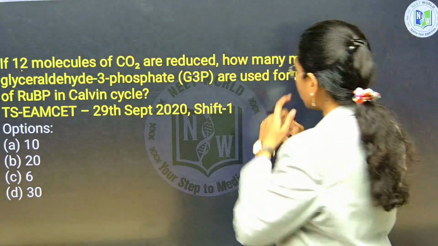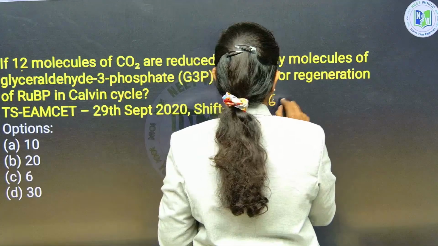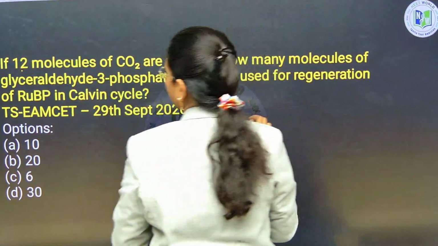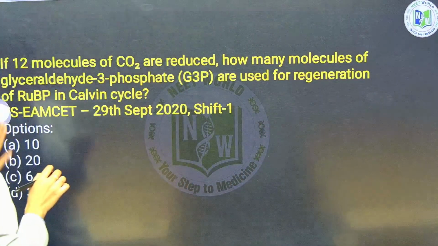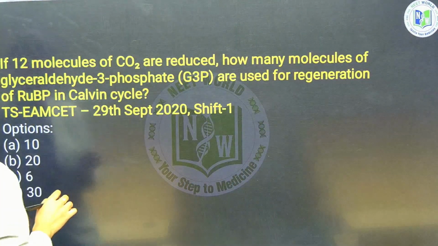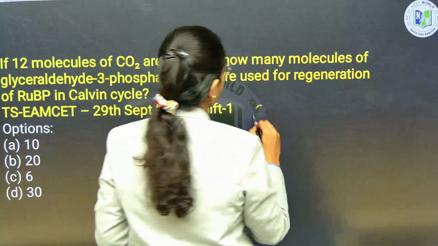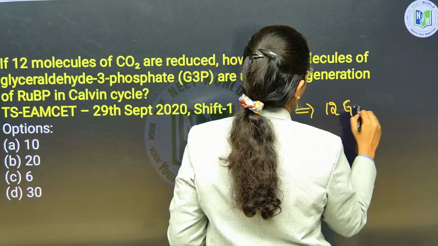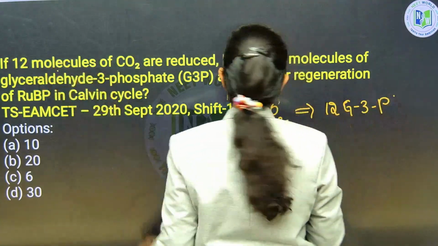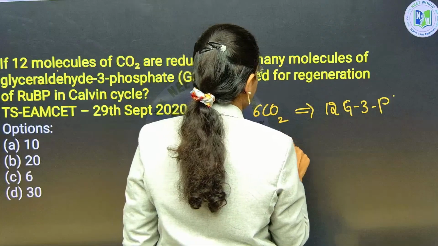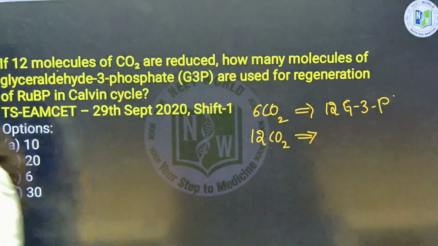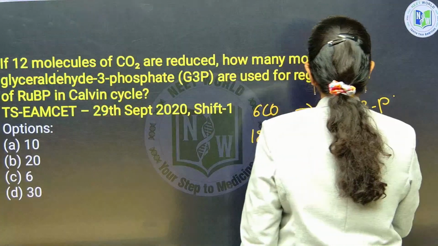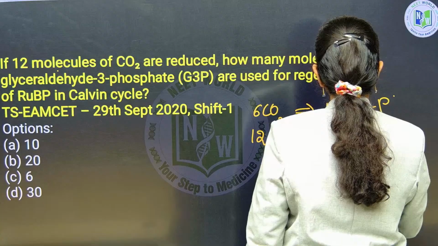For 6 molecules of carbon dioxide being reduced, it is 12 G3P. For 12 carbon dioxide, it will be 24 G3P. Okay, it will be 24 glyceraldehyde 3-phosphate.